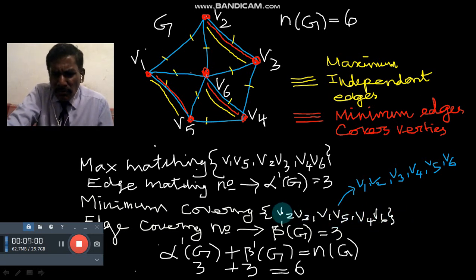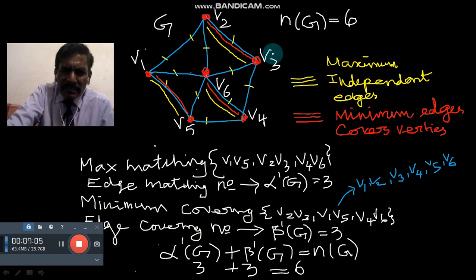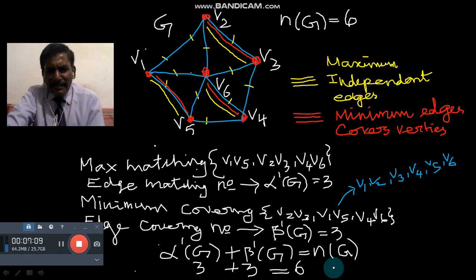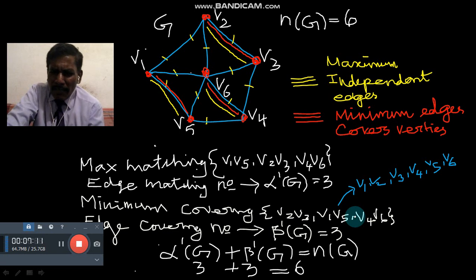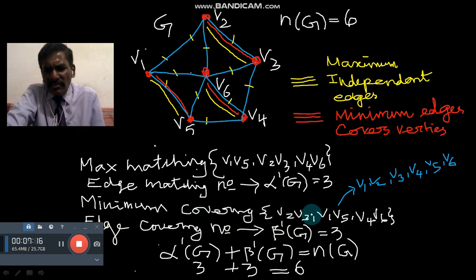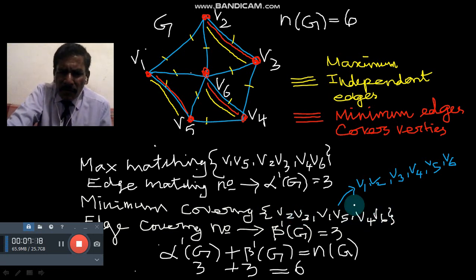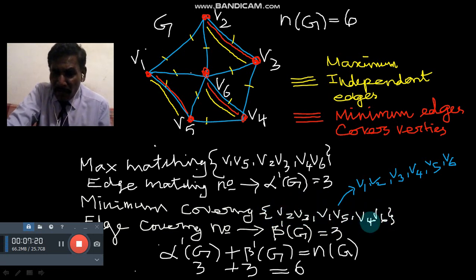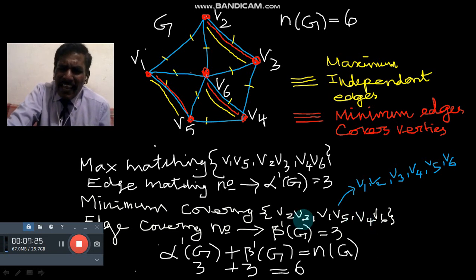These three edges cover all the vertices in this graph. So this set of edges we call a covering. Covering means a set of edges which covers all the vertices, that means each vertex has at least one incident edge in that graph.